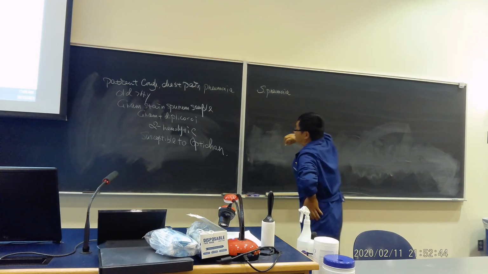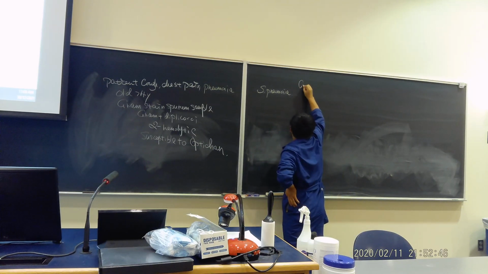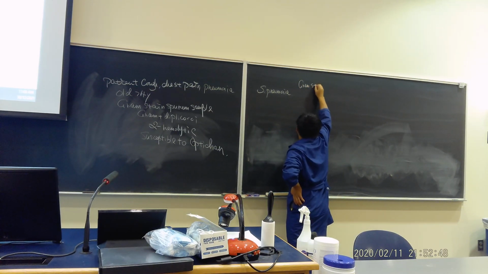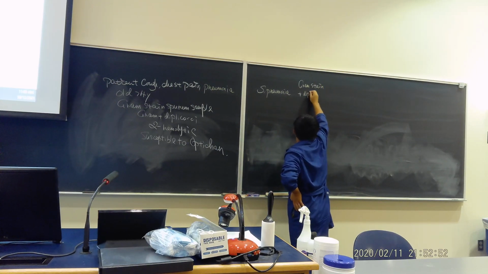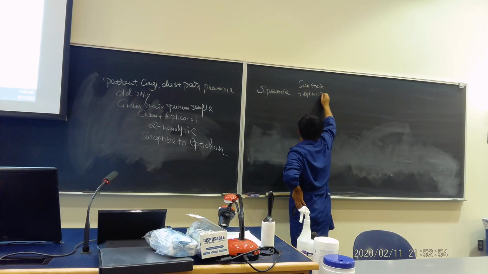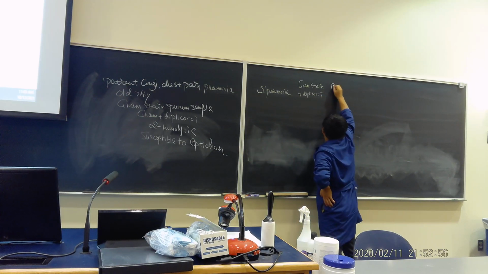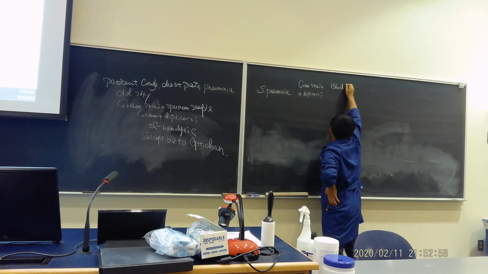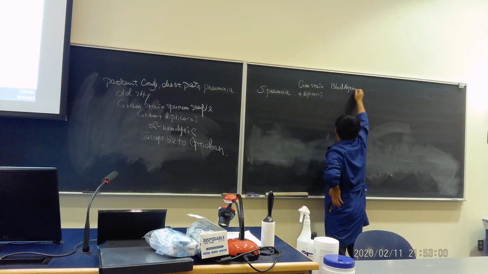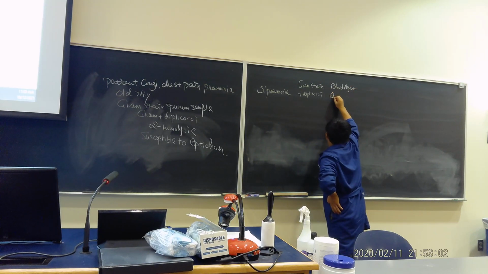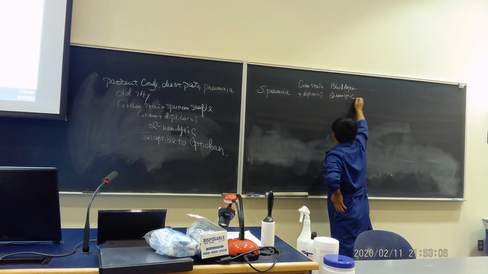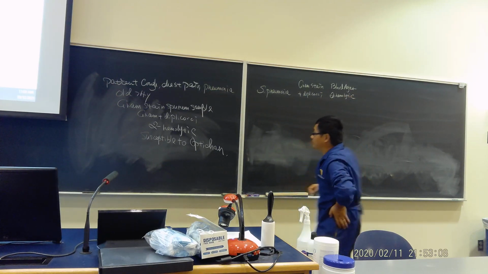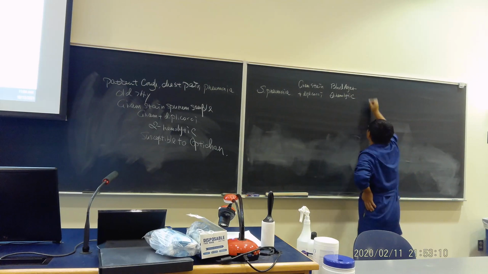Okay, what we are going to talk about here is gram stain positive diplococci. On blood agar, it is alpha hemolytic. Okay, what else do we talk about?